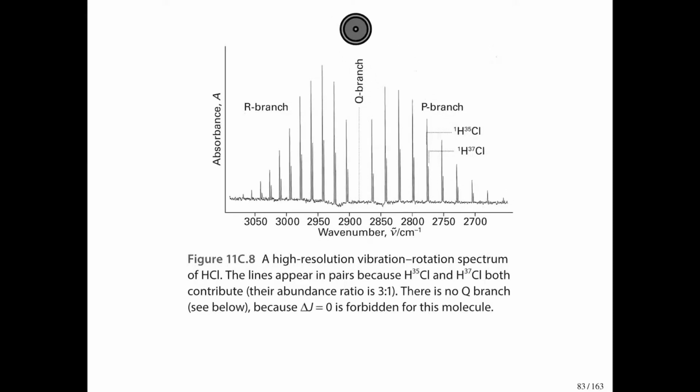There's a midpoint called the Q branch, which has no peak at it, at least in this spectrum here. Then there's a branch at lower frequencies or lower wave numbers called the P branch, and one at higher wave numbers called the R branch. They have these characteristic structures.